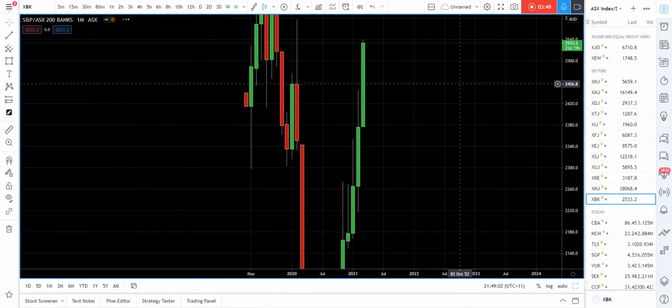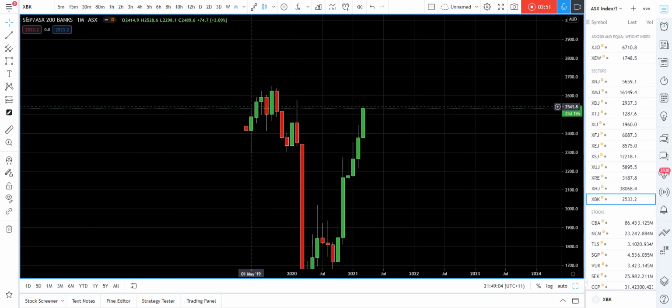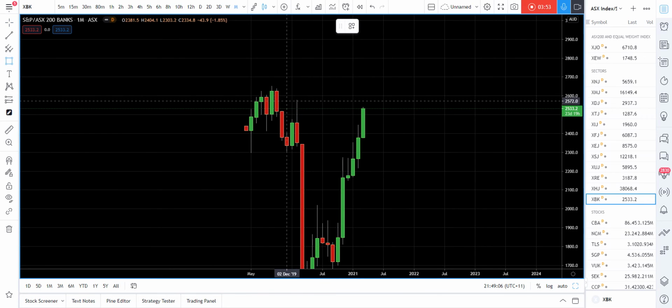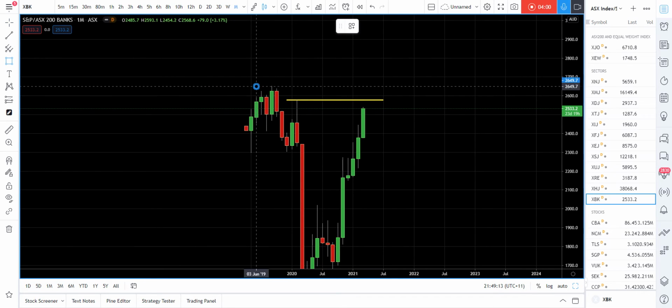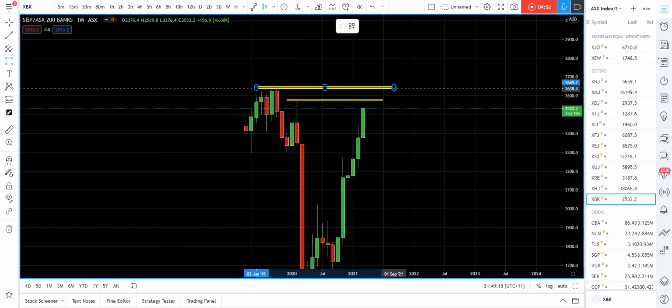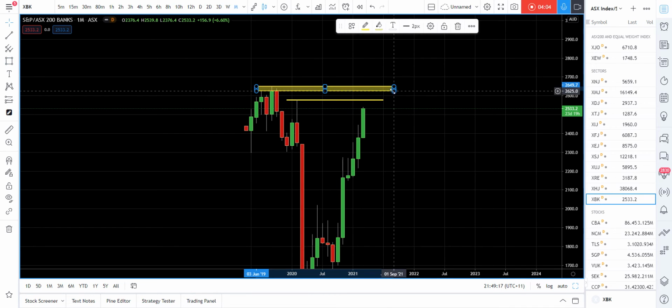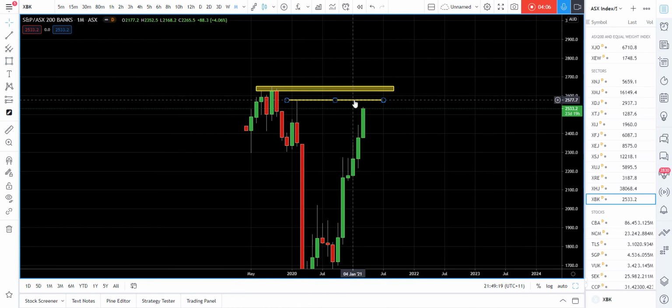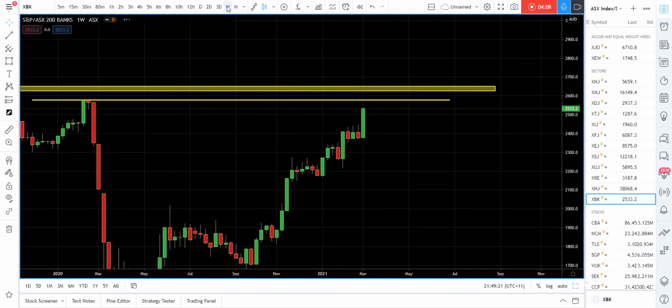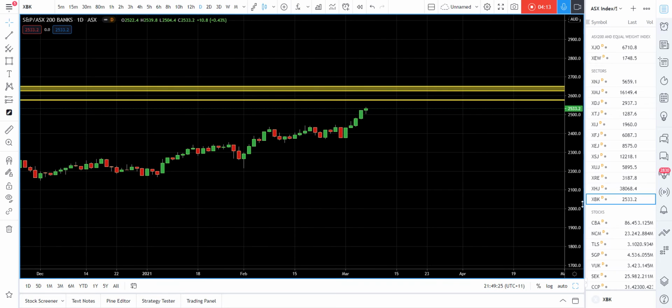The bank sector is very bullish. Here it's clear. However, we can say that there is some sort of minor resistance here, and those are the previous highs, which are definitely a strong monthly resistance, not far from the first minor resistance. We look at the weekly time frame, bullish. We look at the daily time frame, very bullish.